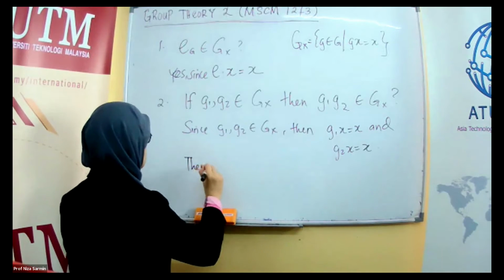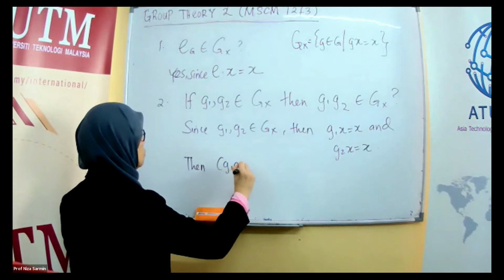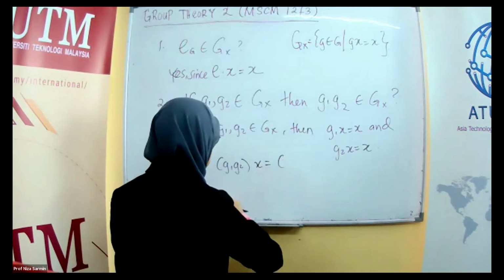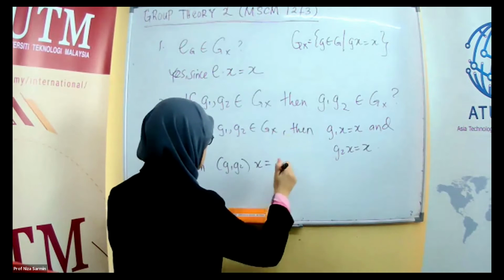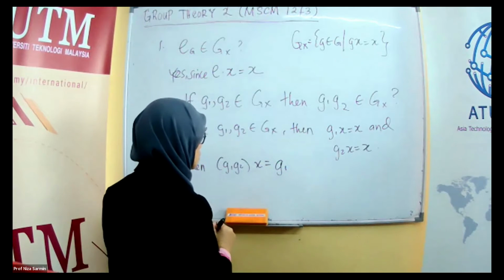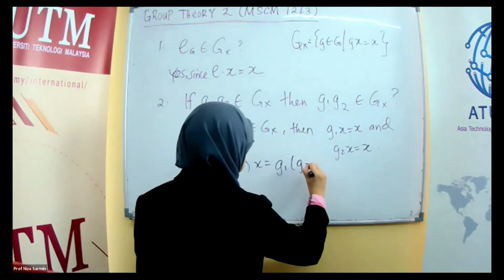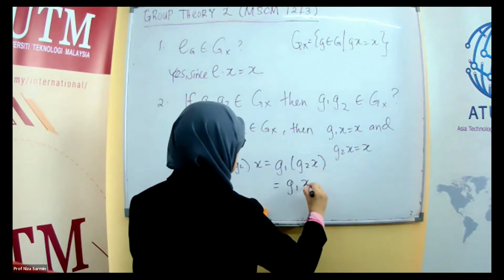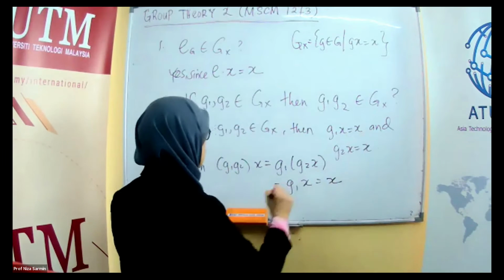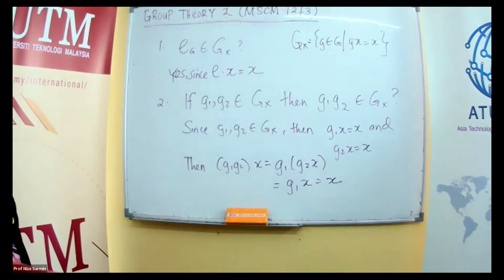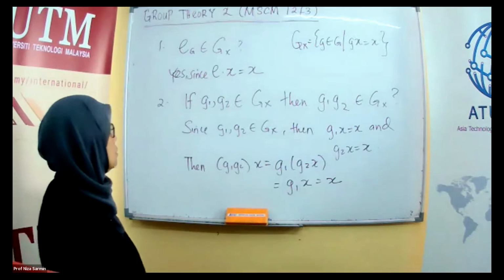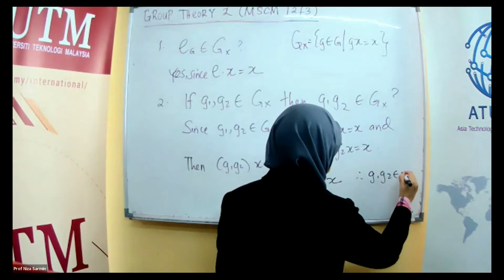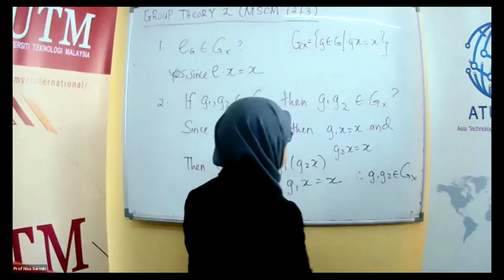Then G1, G2 of x is, by the second property, G1, G2x, right? Which is G1x, which is x. So G1, G2 is in Gx.